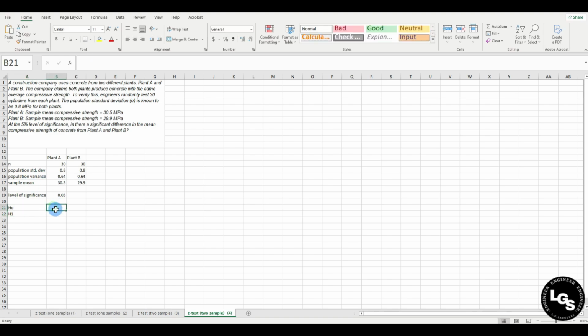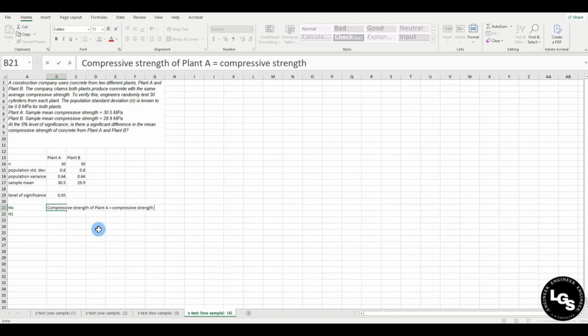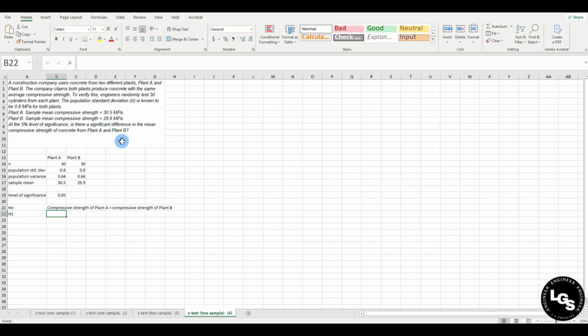The null hypothesis is always that there is no significant difference between the two variables, or the compressive strength of plant A is equal to the compressive strength of plant B.